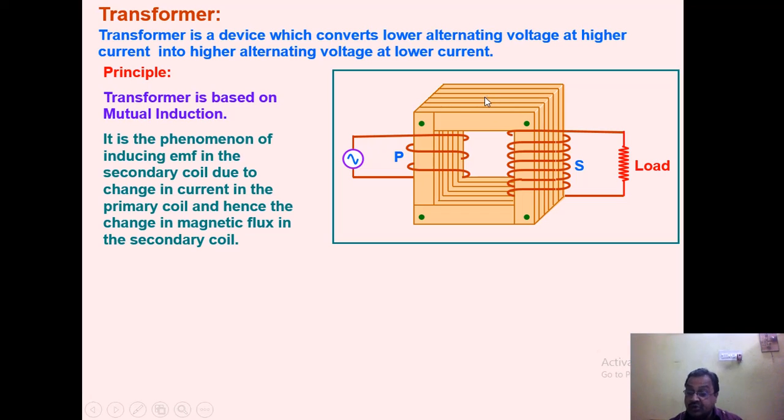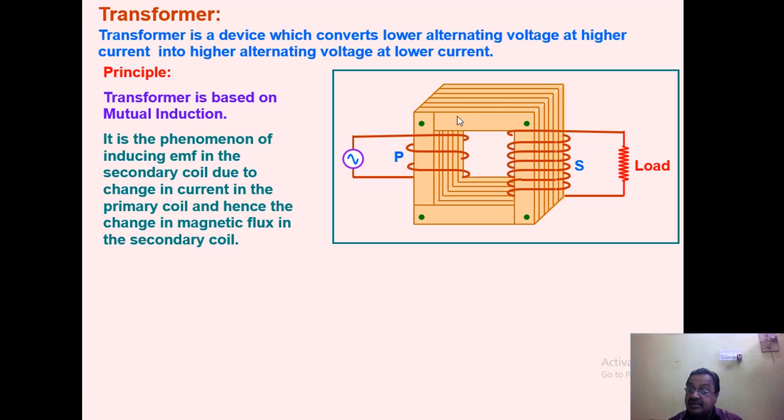So it is in the form of laminations which are properly insulated with a thin coating of insulation. One lamination is separated from the other with the help of an insulation or non-conductor. In between two laminations, insulation must be there.